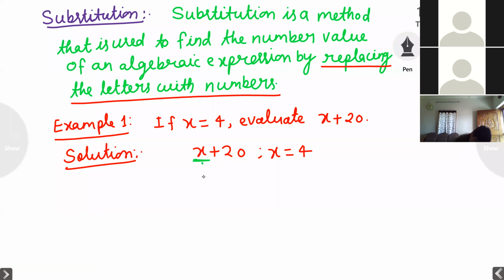In the place of x, I substitute 4. 4 plus 20 equals 24.